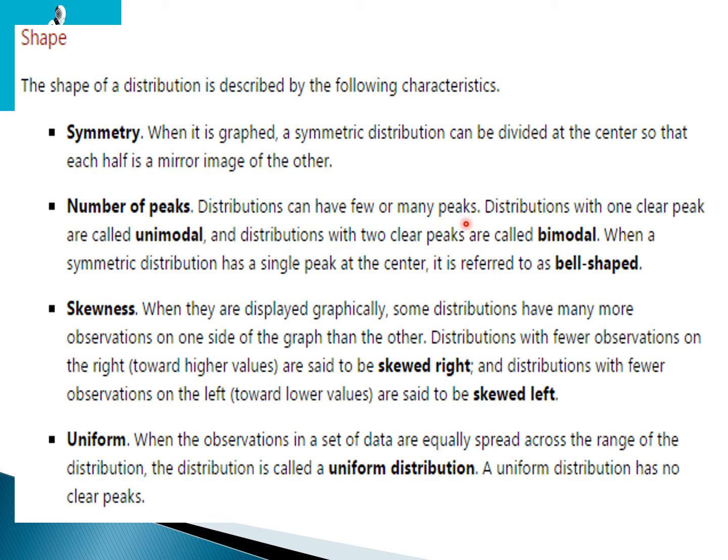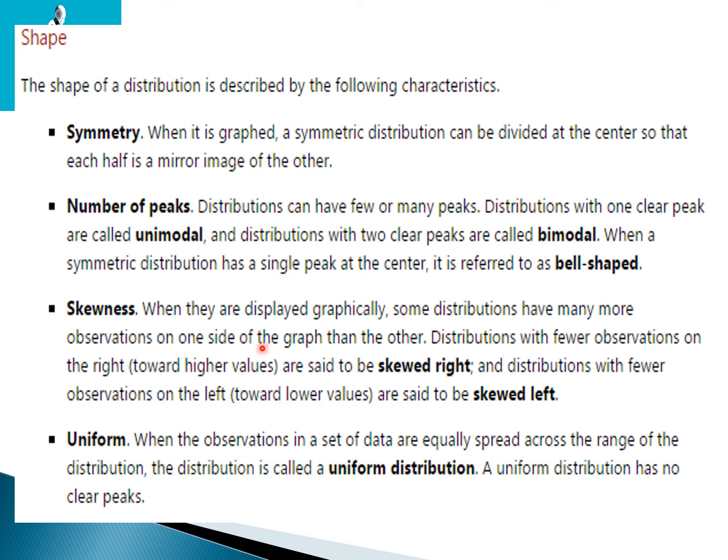If the data distribution is having one value which is having the highest frequency, then it is termed unimodal. If the distribution is having two data points which are having the maximum value, then it is termed a bimodal curve. And if the distribution is having a single peak at the center, then it is termed a bell-shaped curve.